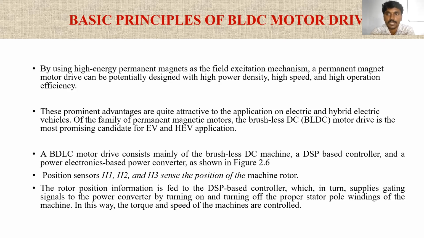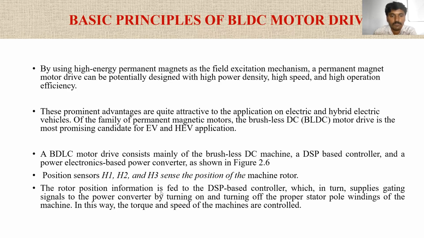These are the main parts of the brushless DC motor. It also consists of position sensors, which can also be called Hall sensors H1, H2, H3, and so on.